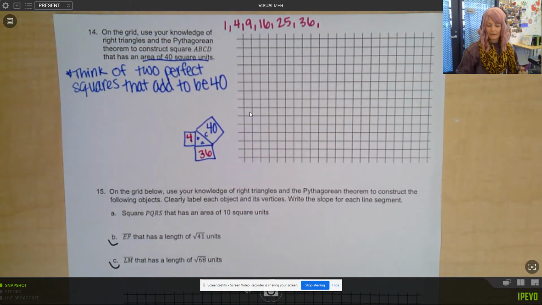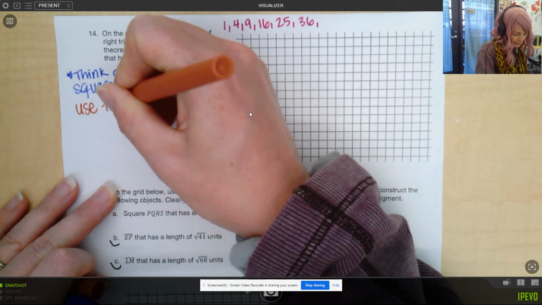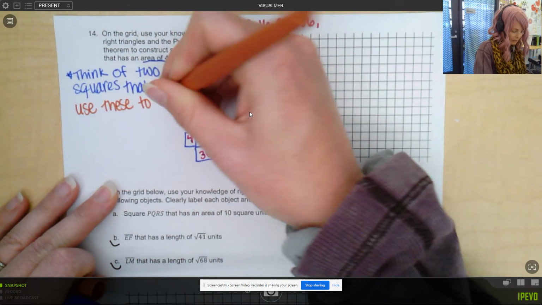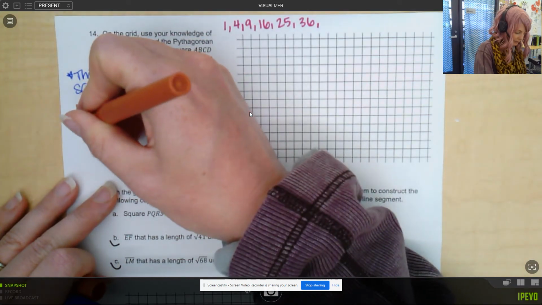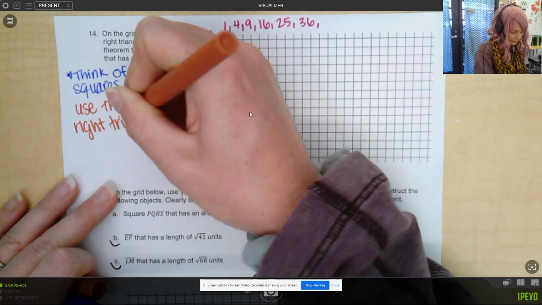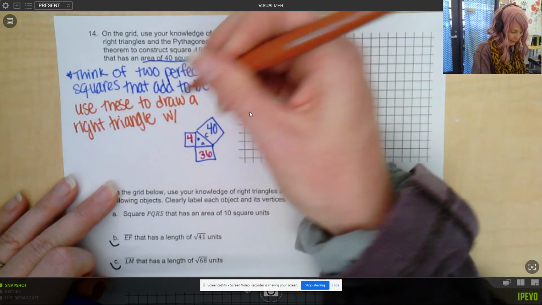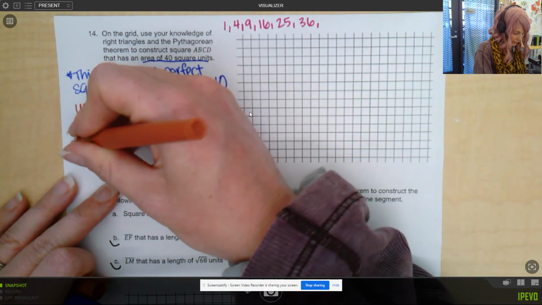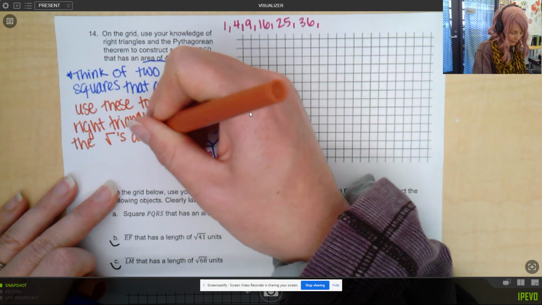Okay, so then our next step is use these to draw a right triangle with the square roots as the legs.